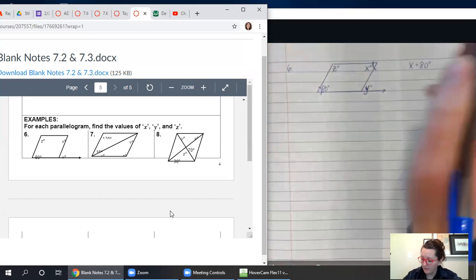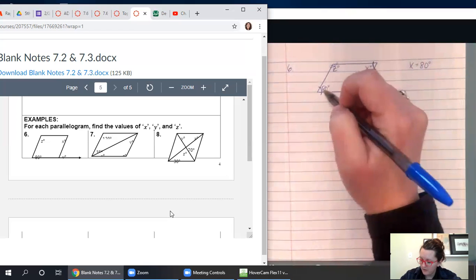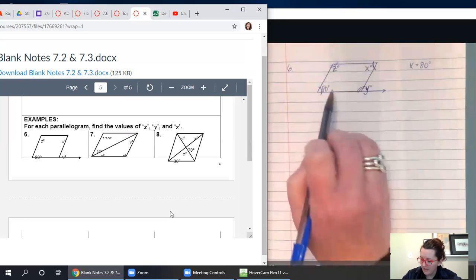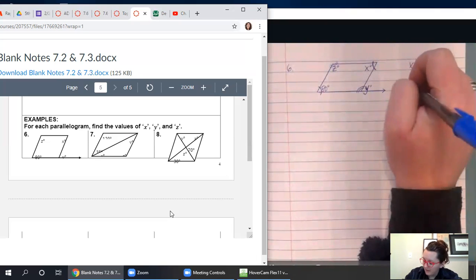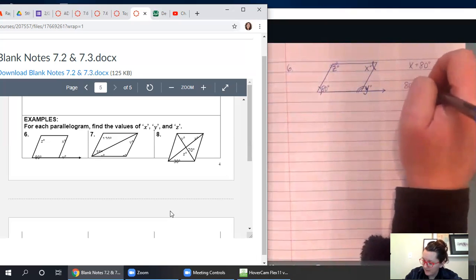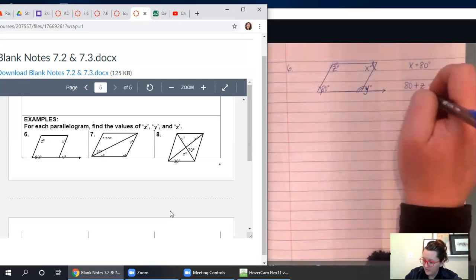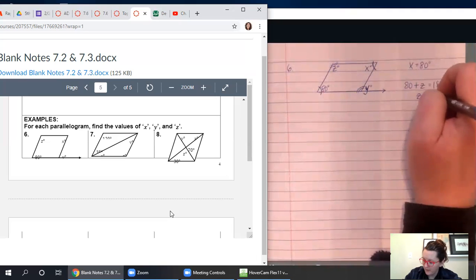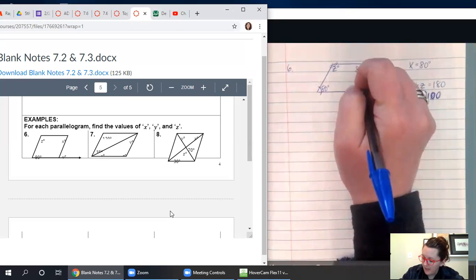What else do I know? I know that consecutive angles, 80 and Z, are going to be supplementary, meaning that 80 plus Z equals 180. Therefore, Z equals 100. I skipped a subtraction step. So X equals 80.